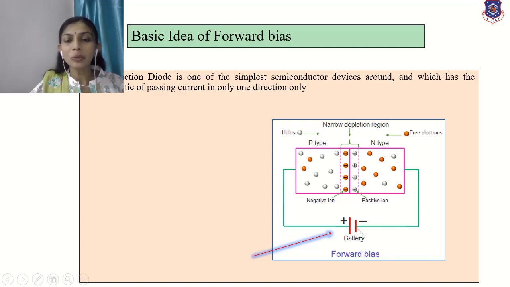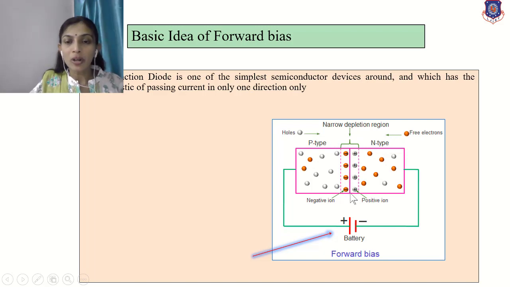Similarly, due to the negative battery terminal, electrons will be repelled, and they will try to cross the junction in the opposite direction. Thus, during forward bias of the PN junction, electrons and holes cross the junction in opposite directions.